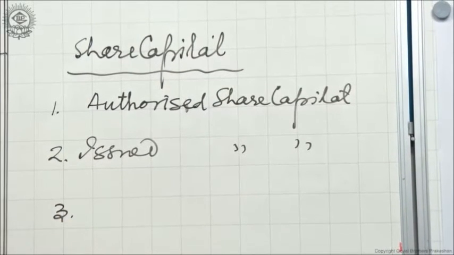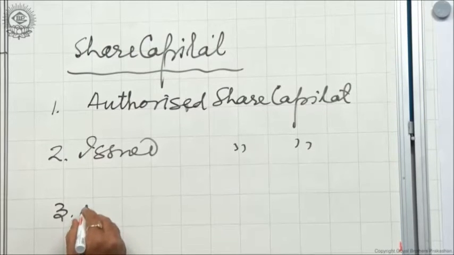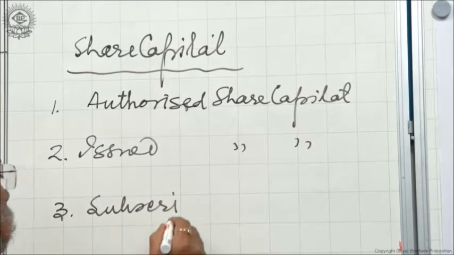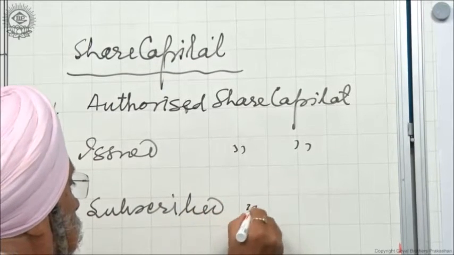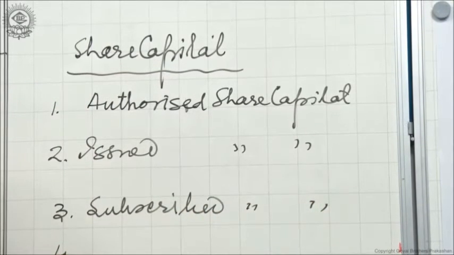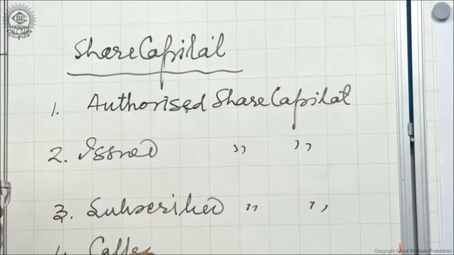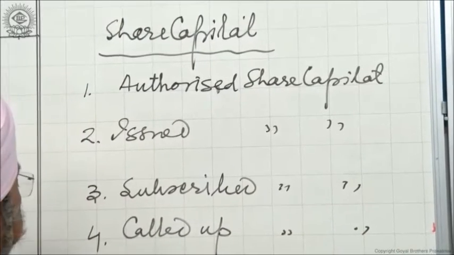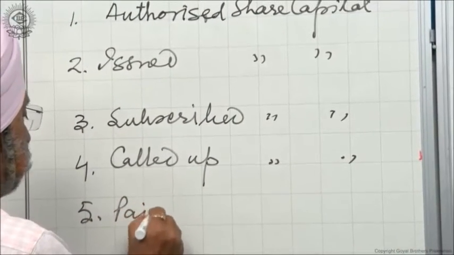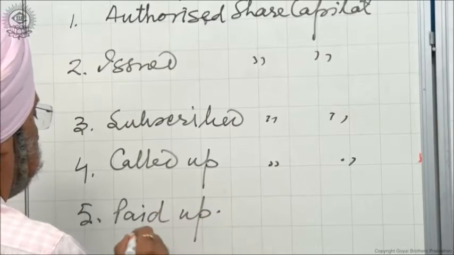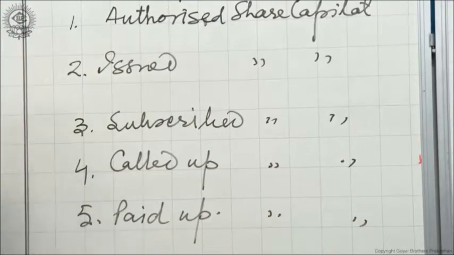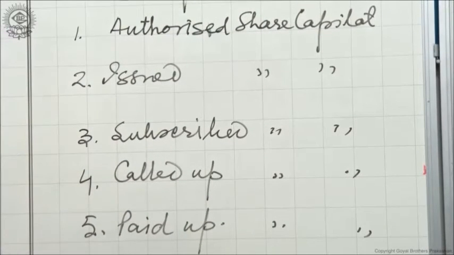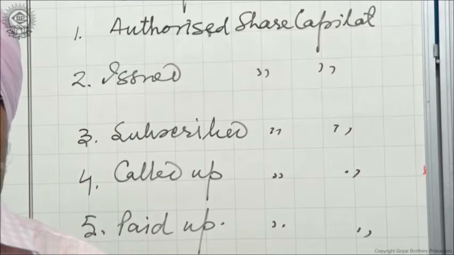Third is subscribed share capital. Fourth is called up share capital, and fifth is paid up share capital. These are the 5 types of share capital.